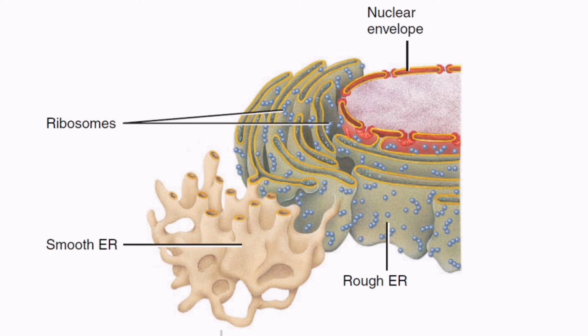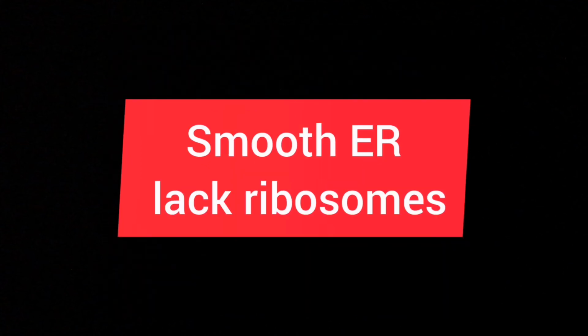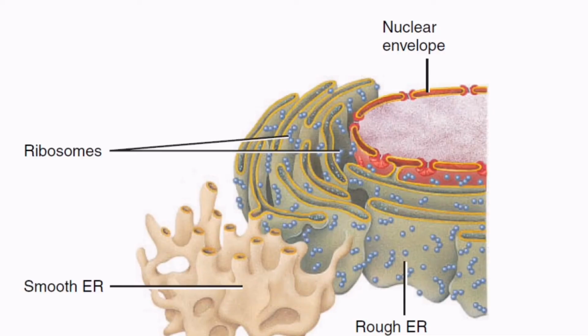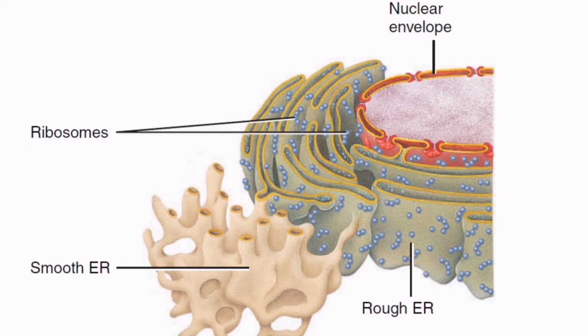That is why the words rough and smooth are used. That is, if it contains ribosomes, the surface will be rough. And if it does not contain ribosomes, the surface will be smooth. In this picture, you can see these two types.